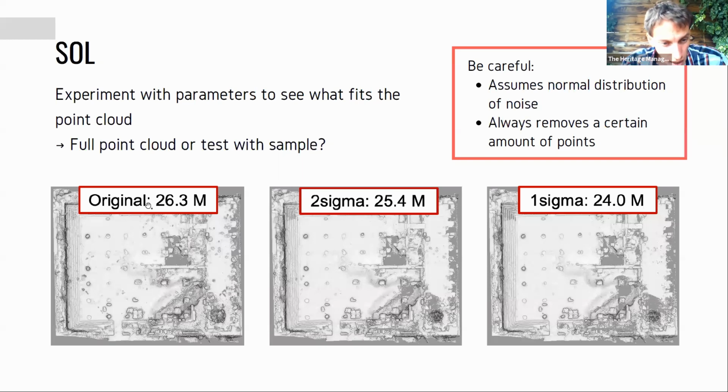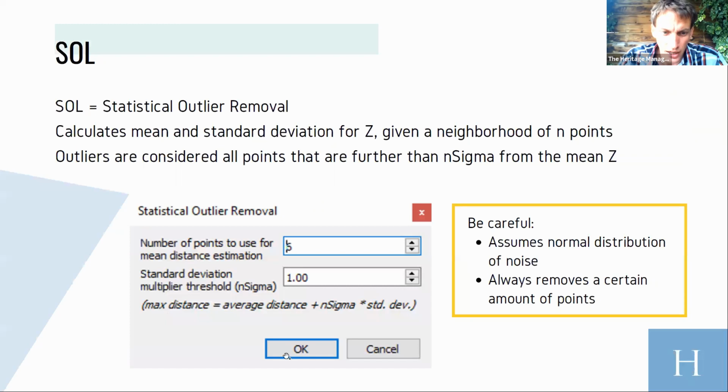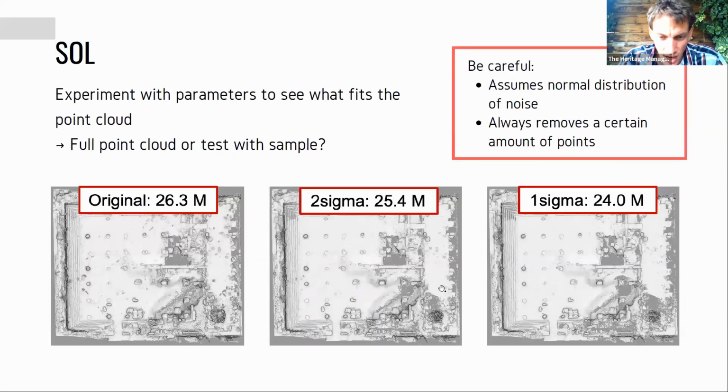And you also see here, my original point cloud, which has been published in the data repository, contains 26.3 million points. If I take 2 sigma as a value here, I will have 25.4 million points in my final point cloud.